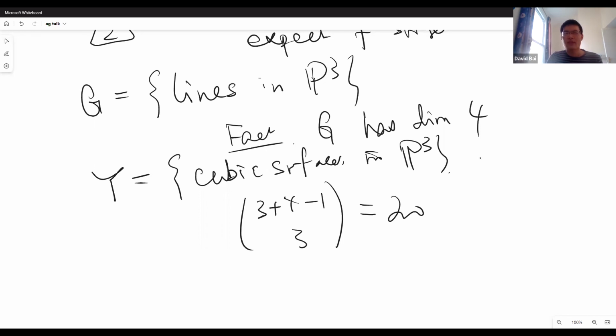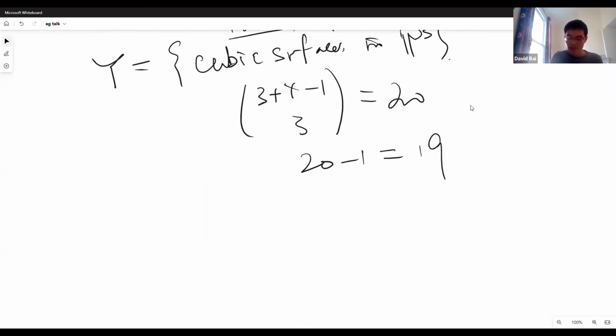But we don't actually have 20 degrees of freedom because we can multiply everything by a non-zero scalar, and it's not going to change anything because we are just solving for the cubic form being 0. So we deduct 1 and conclude that Y has dimension 19. Now these two objects are not weird. They should be intuitive enough to think about.